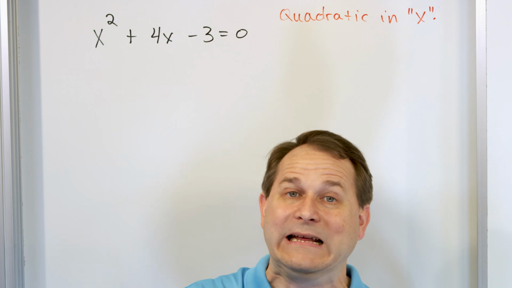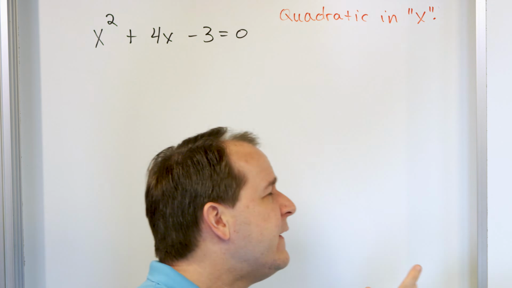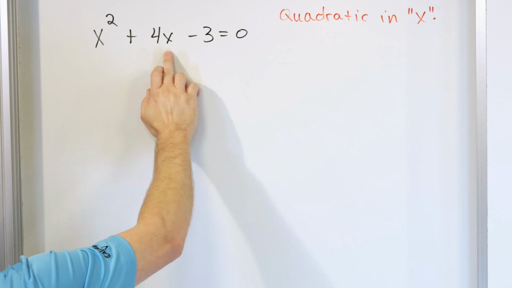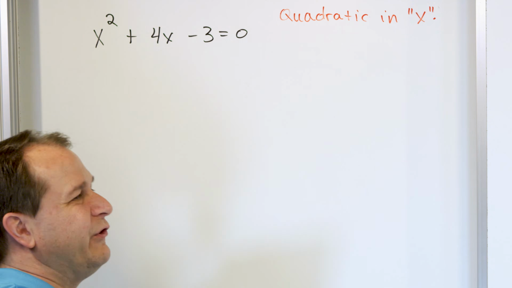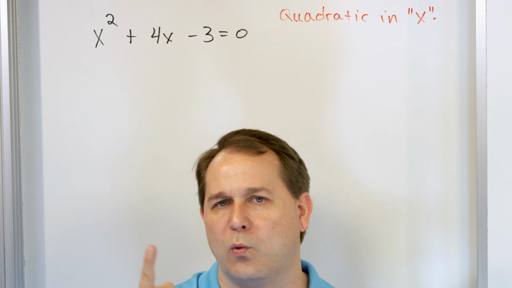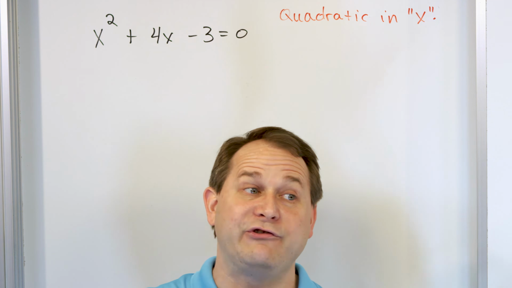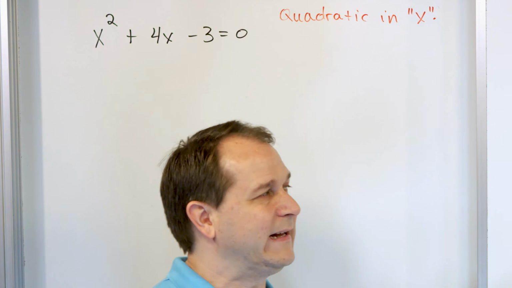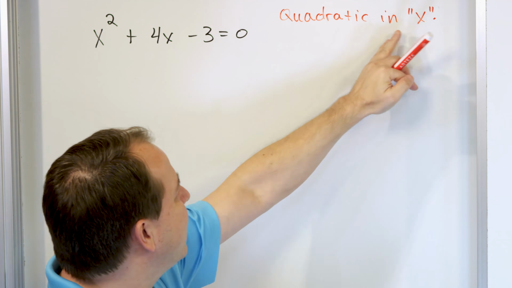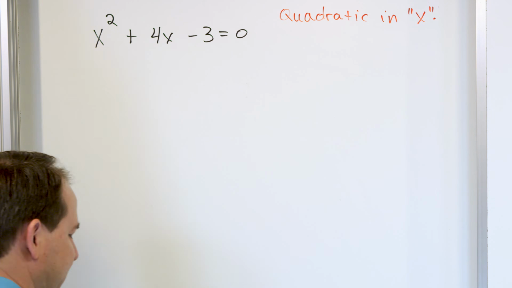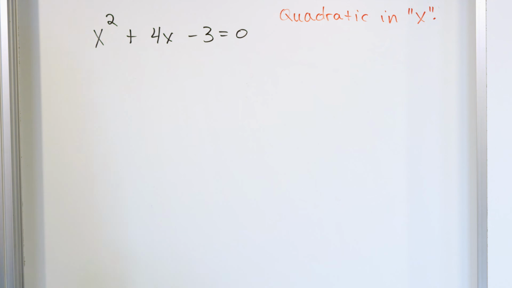Because remember, anything to the 0 is just 1. So really you have an x squared, an x to the first, and an x to the 0, which is invisible because anything to the 0 is 1, so it just disappears. That's the general form of what we call quadratic equations. The thing that is being squared is just the variable x, so we say it's quadratic in the variable x.